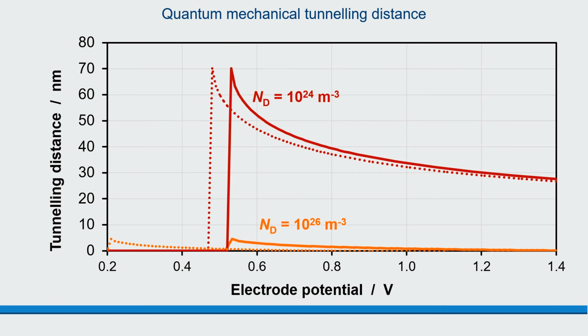In the graphs I just showed in the previous slides, the electrode potential includes the contribution of the Helmholtz layer to the distribution of the applied potential between the semiconductor and the Helmholtz layer. Now, the new dotted line graphs show what the predictions would have been if the model had ignored the contribution of the Helmholtz potential drop.